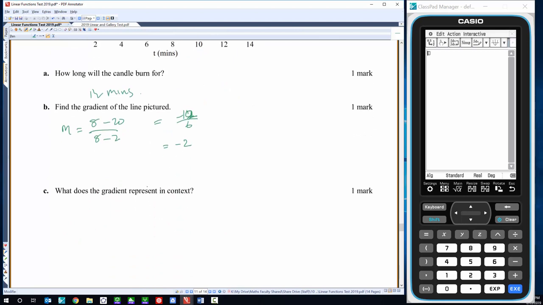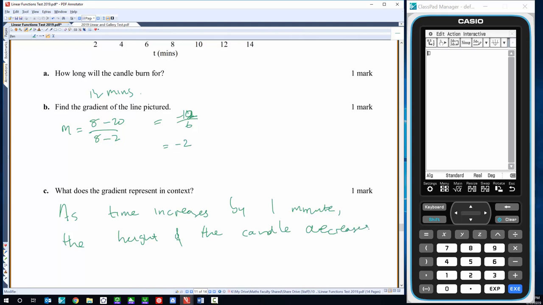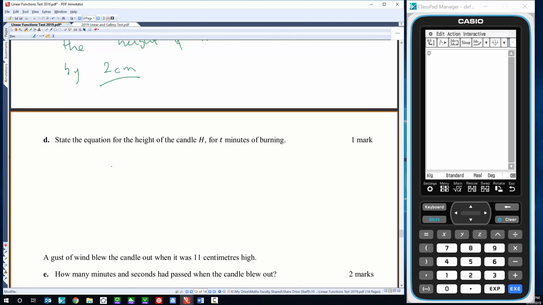So the gradient, it needed to state a relationship between the variables, so something like: as time increases by 1 minute, the height of the candle decreases by 2 centimeters.